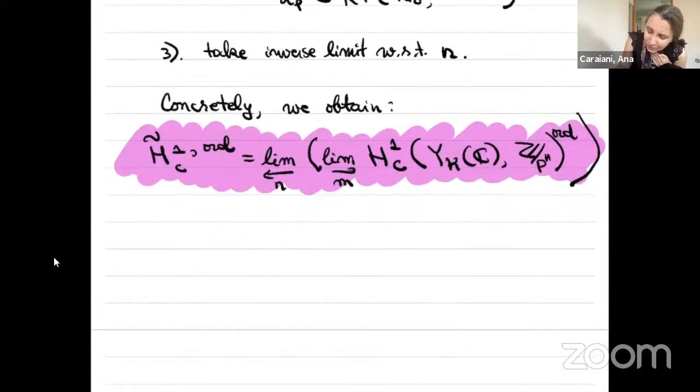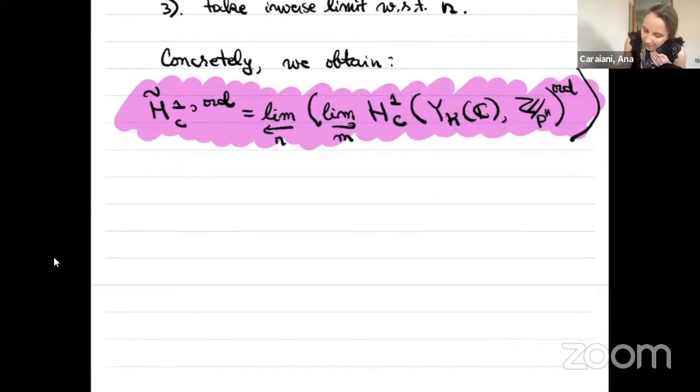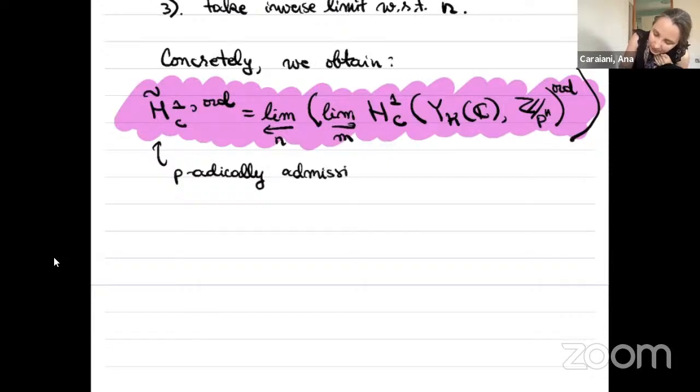But for the modular curve, this is very nice. Right, and somehow this is basically a p-adically admissible representation of T0. So it has nice finiteness properties, and it's a representation of T0, which was this Z_p cross times Z_p cross.